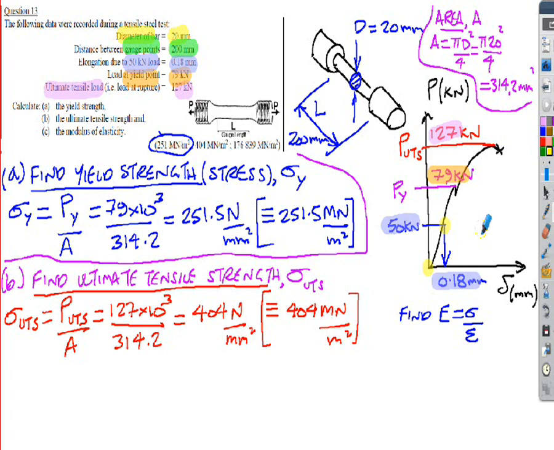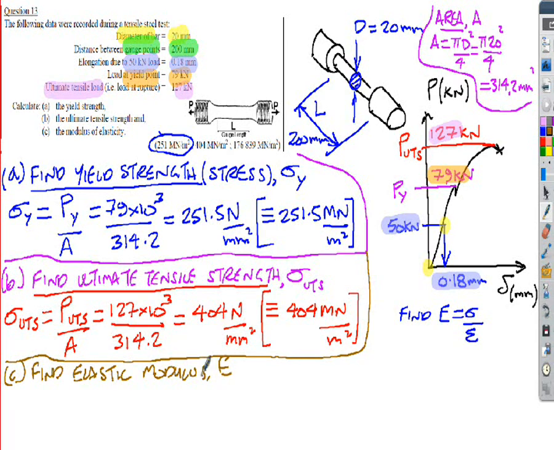Back to Hooke's law again. So I'm going to use that formula here, stress over strain, to find E, but I need to find the stress at that point, and I need to find the strain at that point on the diagram highlighted in yellow. Yeah, so part C, we've got to find the elastic modulus. Symbol E. So E is equal to the stress over the strain, but we need to find the stress and the strain.